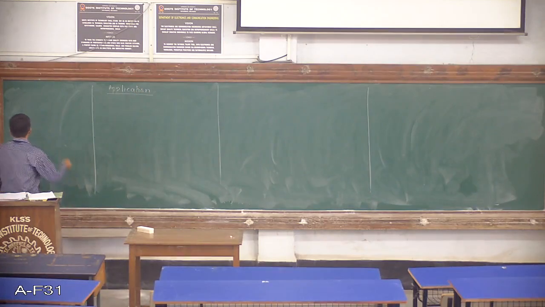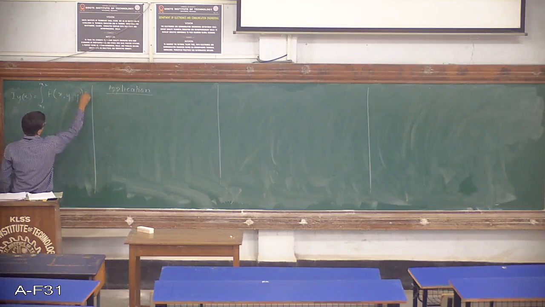Before that, let me write the general formula of calculus of variations: it is an integral over the interval x1 to x2 of F, a function of x, y and y prime, into dx, and I need to find the solution curve y is equal to y of x.